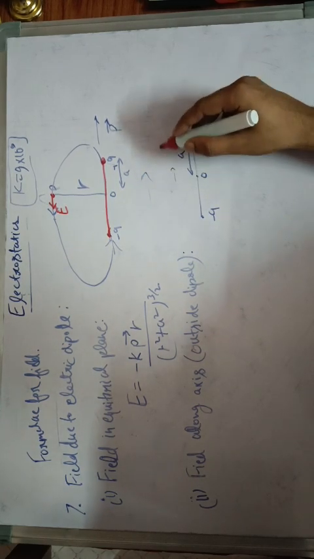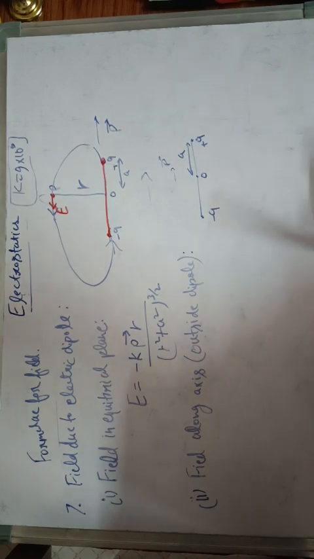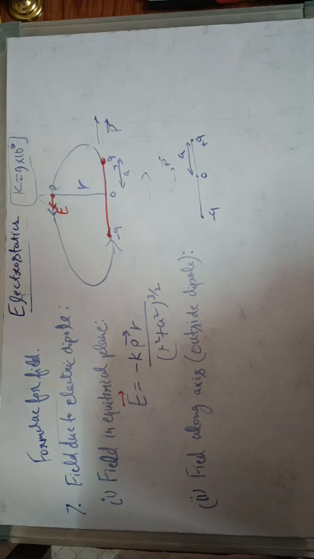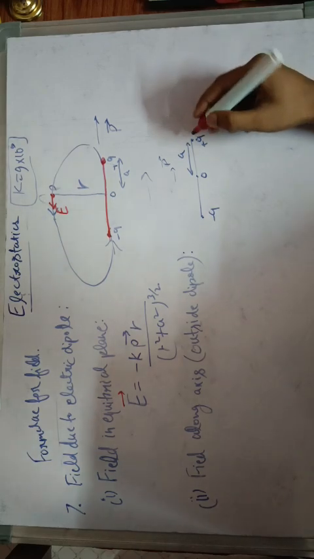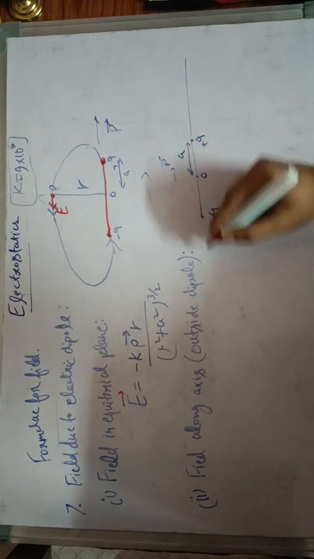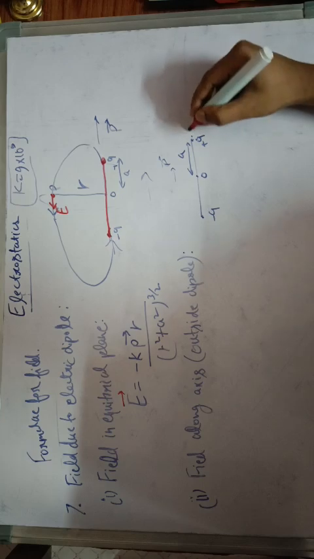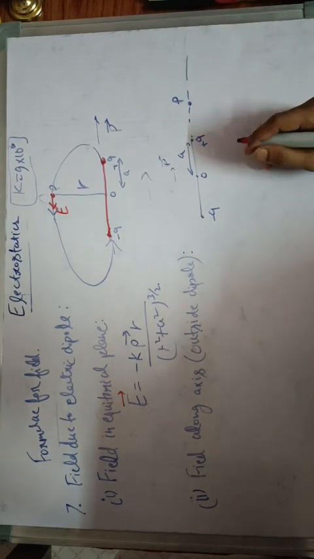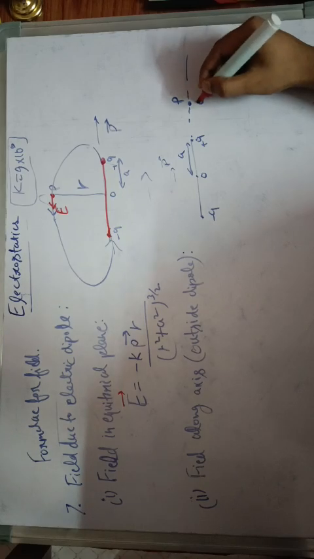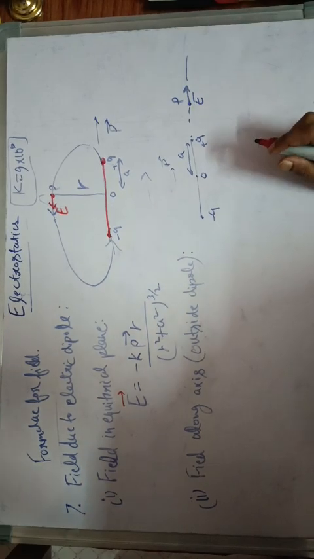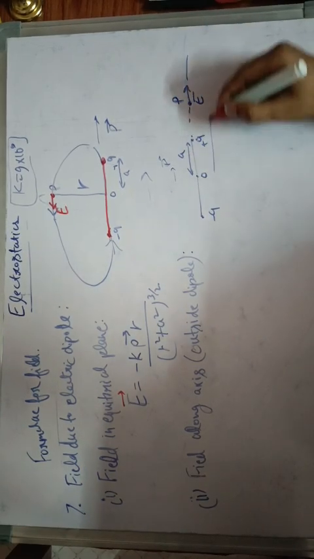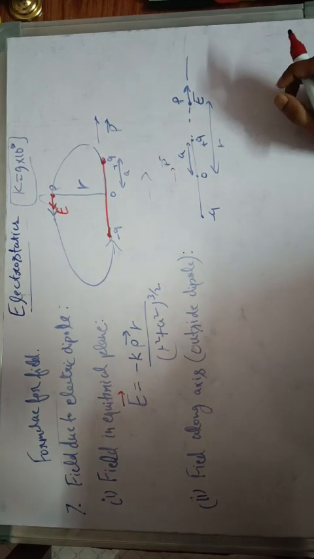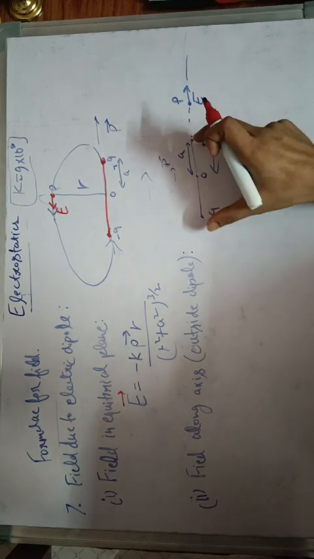The dipole moment points in this direction, and I am taking a point along this line. Let's say at this point P, I want to find the electric field. So this length r is obviously greater than this a length, and the point P is outside this dipole.